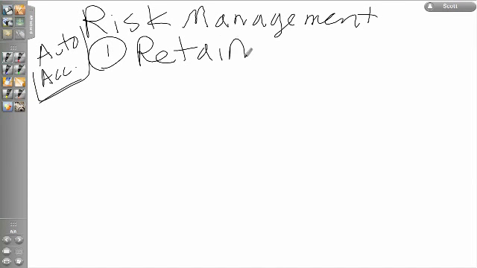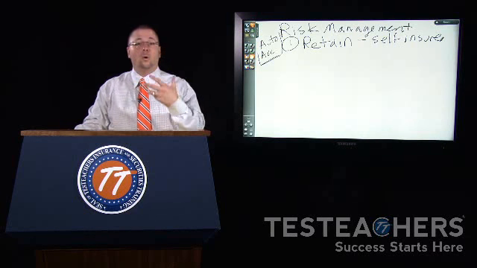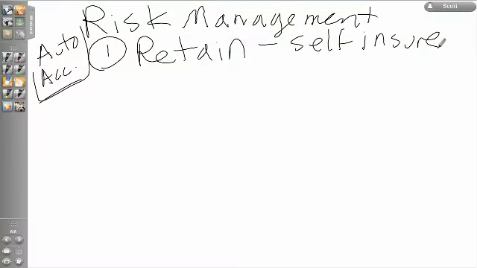When we retain the risk, we can self-insure. That's an example of retaining the risk. You self-insure. You don't go out and buy insurance, but you decide you're going to remain financially responsible for a loss should it occur. Another way that you retain a portion of the risk is through a deductible.